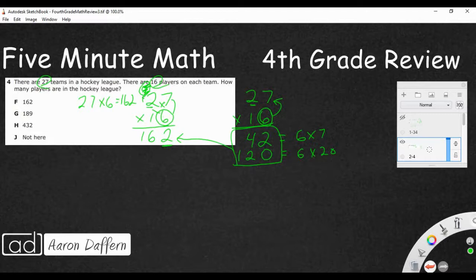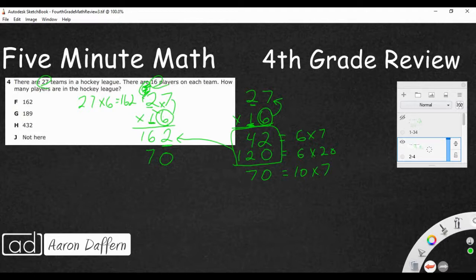Now we go to our second row, and this can be a little bit easier because as you can see, we have a 1. Now, second row in standard algorithm, we always start with a 0 in the ones place because this 1 is actually a 10 because it's in the tens place. So we're going to say 1 times 7 is going to be 7, nothing to carry over. In this case, we're going to do 10 times 7, and that's going to be 70, simply because we remember that 1 is in the tens place.